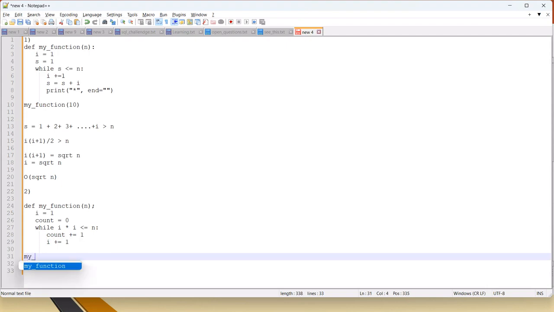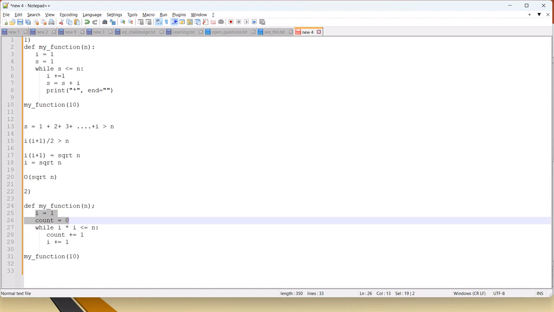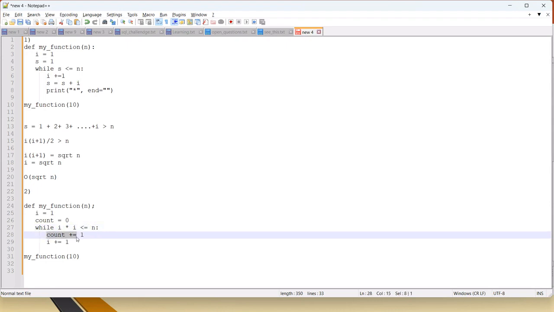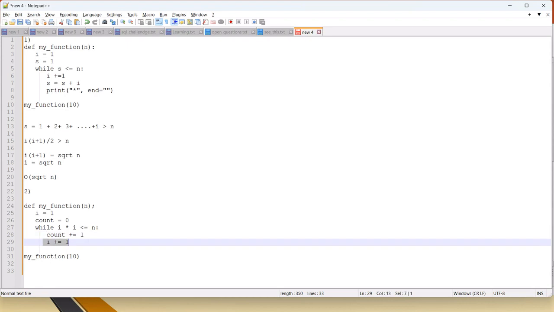Then we will call this function again with the input. So first we are initializing I and count, then we have a while loop saying that if I square is less than or equal to n, till then increment the count and increment I.